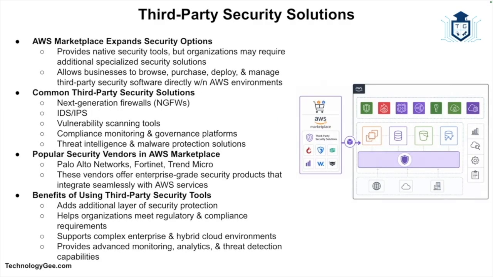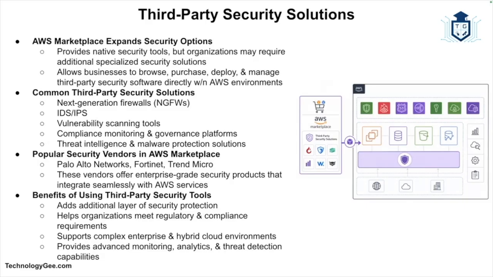And then let's talk about some third-party security solutions in the AWS Marketplace. Now, while AWS provides a robust set of native security tools, some organizations need specialized solutions, and that's where the AWS Marketplace comes in. The AWS Marketplace basically allows you to browse, purchase, and deploy third-party software directly into your AWS environment. And this includes security tools like firewalls, intrusion detection systems, vulnerability scanners, and compliance monitoring solutions.